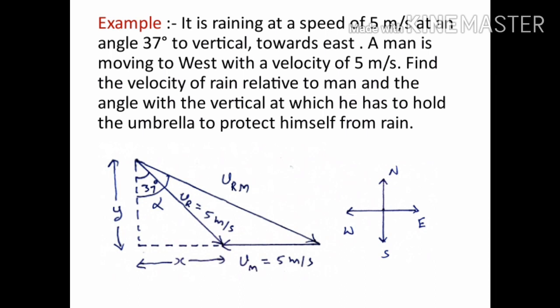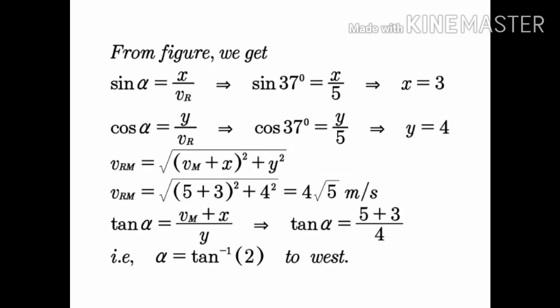First, to find out the alpha value and VRM value, we find x and y values. From the figure, sin alpha is equal to x by VR. That implies sin 37 degrees is equal to x by 5, so x is equal to 3.